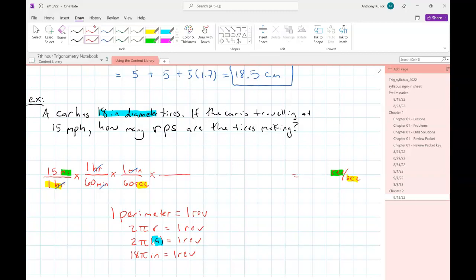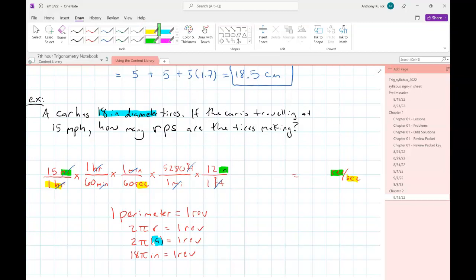Well, I don't know how many inches are in 1 mile. But I know that 1 mile is 5,280 feet. And I know that 1 foot is 12 inches. So miles cancels with miles, feet cancel with feet. And now I'm in inches.